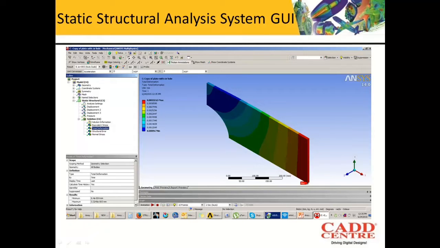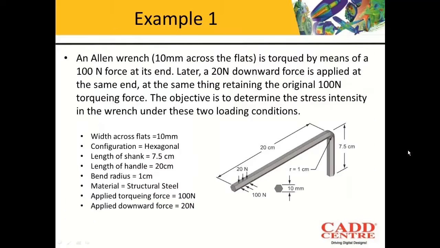For that, we are going to take the first problem, that is of an Allen wrench. Now the dimensions of the Allen wrench are mentioned over here. You can also note it down in your notebooks so that you can also practice later on. The Allen wrench, which is of size 10 millimeter across the flats, is loaded by means of a 100 Newton force.